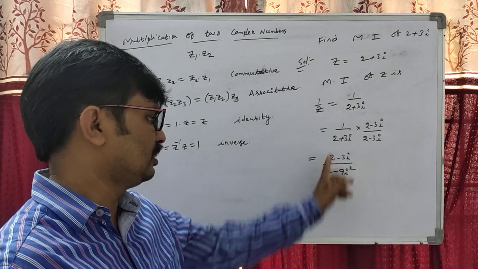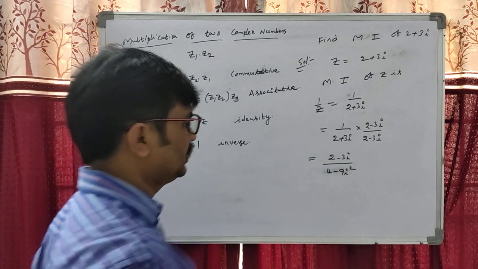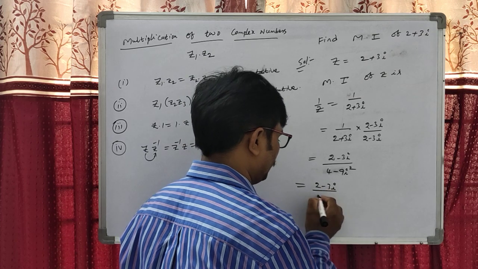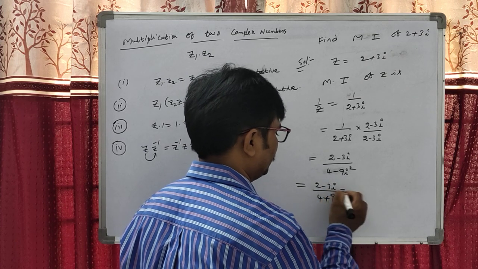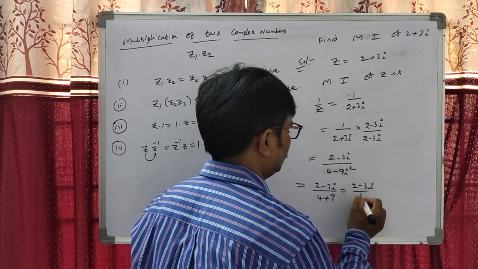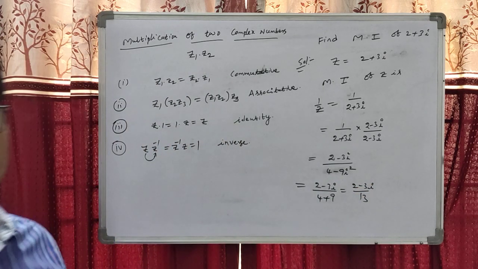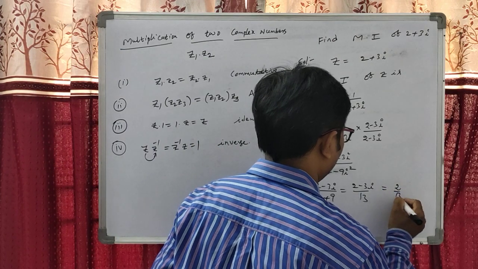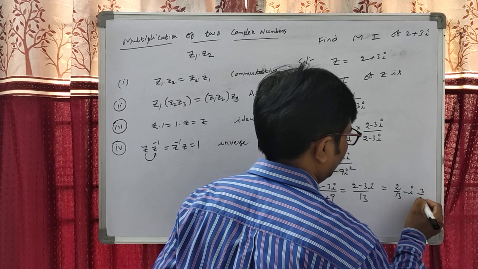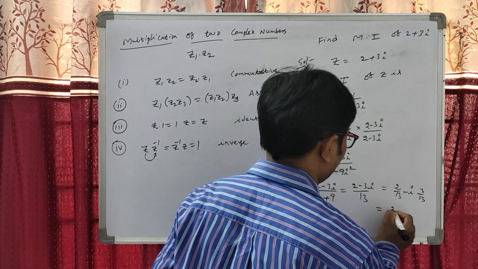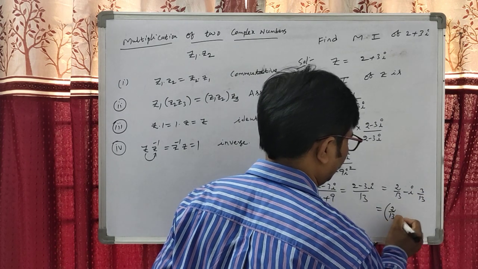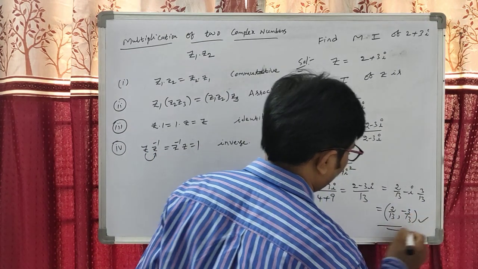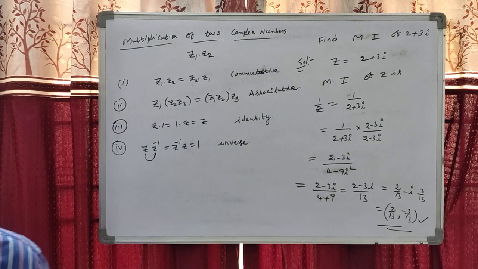We know that i square value is minus 1. So this is 2 minus 3i by 4 plus 9, which is 2 minus 3i by 13. This is enough, this is the multiplicative inverse. This can also be written as 2 by 13 minus i into 3 by 13. We can also write it in ordered pair form, 2 by 13 comma minus 3 by 13. Okay students, this is the multiplicative inverse of 2 plus 3i.